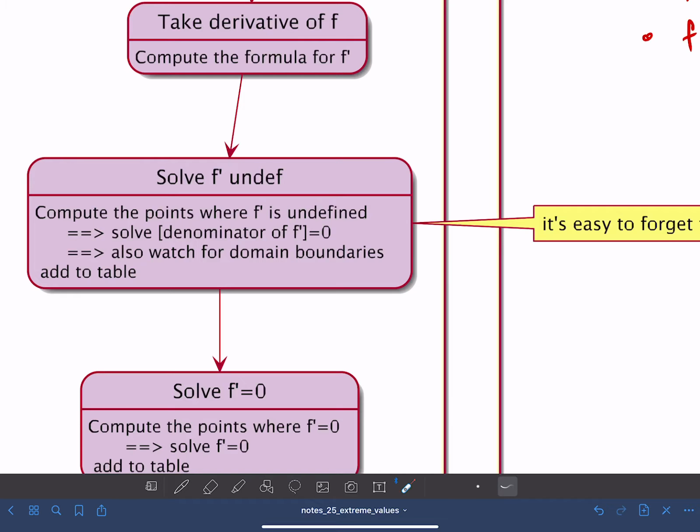We're either going to solve where the denominator equals 0, or we're also going to watch out for domain boundaries. What I mean by that is things like square root or natural log, etc., that you're going to want to pay attention to, particularly if I didn't state what the interval was. And then once you're done with those, you'll go ahead and add them to the table.